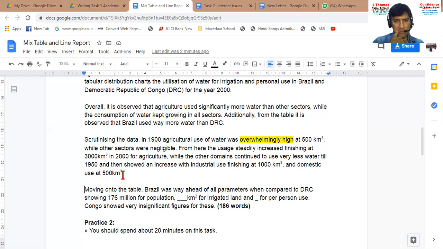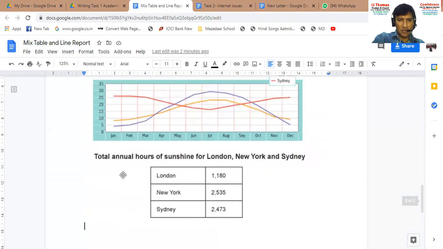Congo showed very insignificant figures for these. Okay, great. Now you see how the structure is.